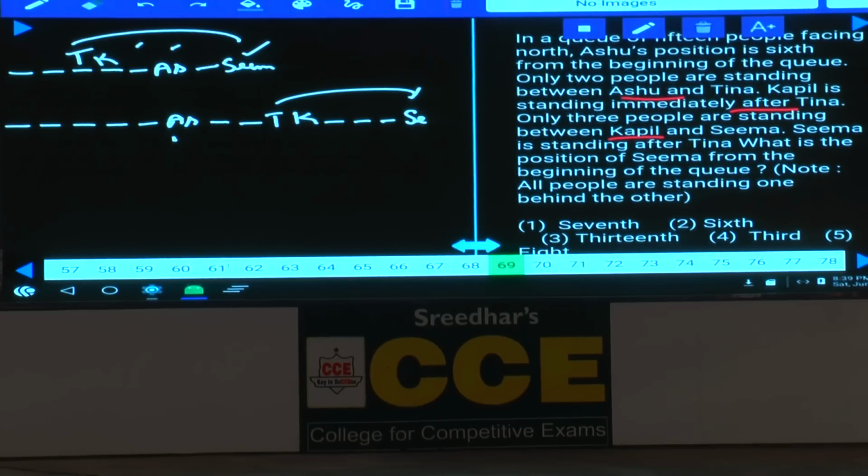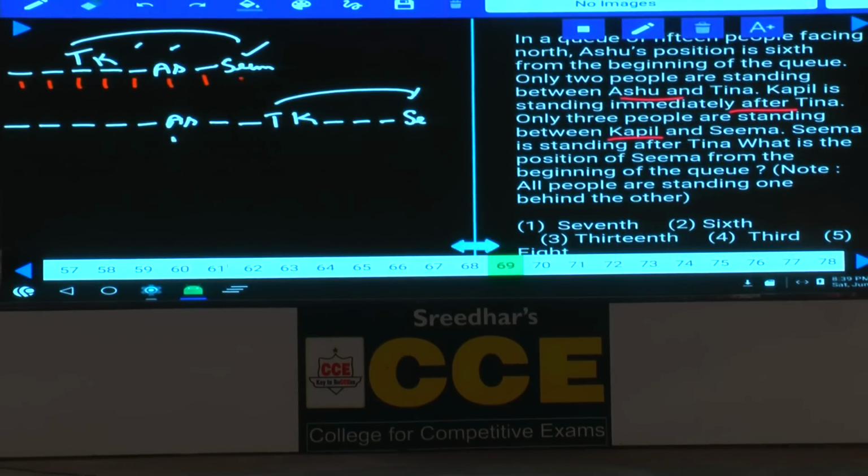And what is the position of Seema from the beginning of the queue? In the first case, how many persons are there as of now? 1, 2, 3, 4, 5, 6, 7, 8 were there. Hence in the first case, Seema's position is 8th from the left hand side. In the second case, 1, 2, 3, 4, 5, 6, 8, 9, 10, 11, 12, 13, 14, one more person to the right hand side of Seema.